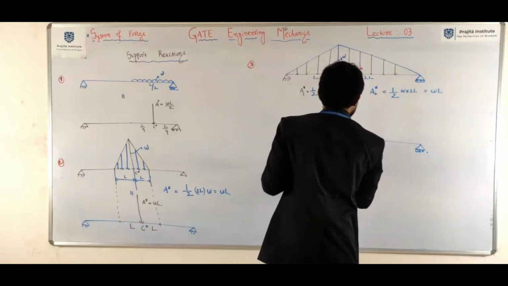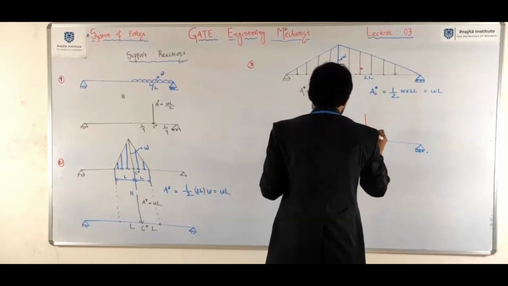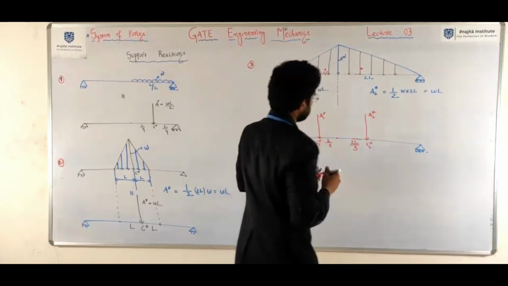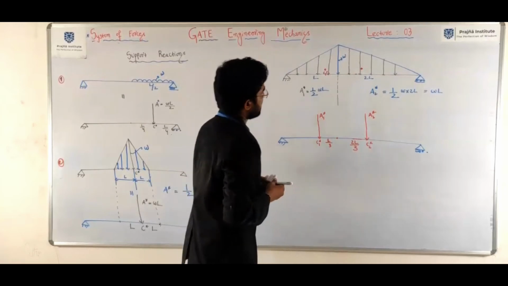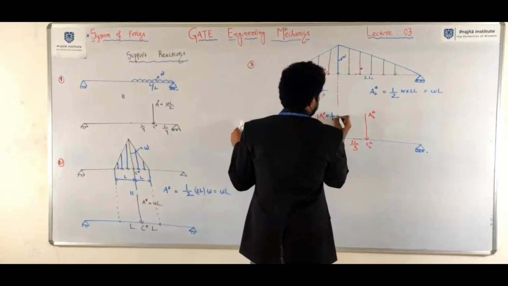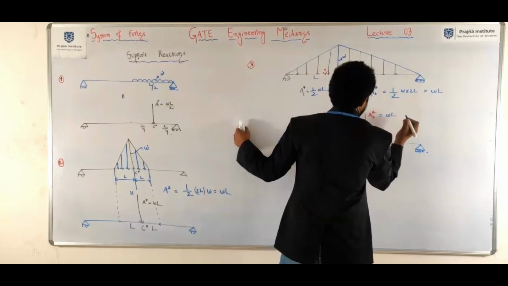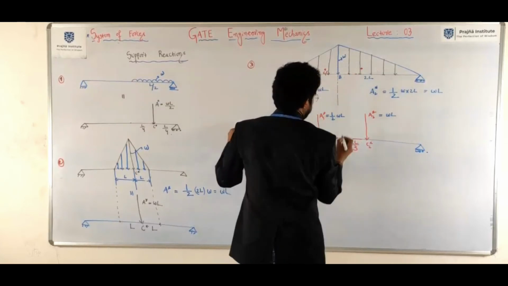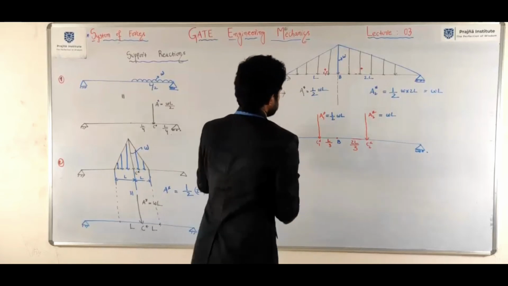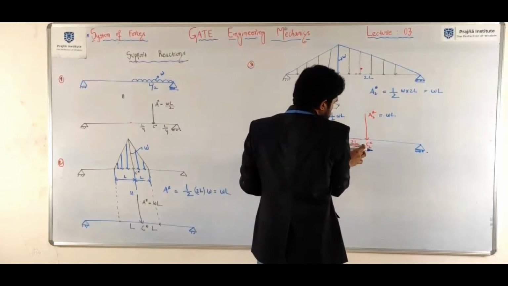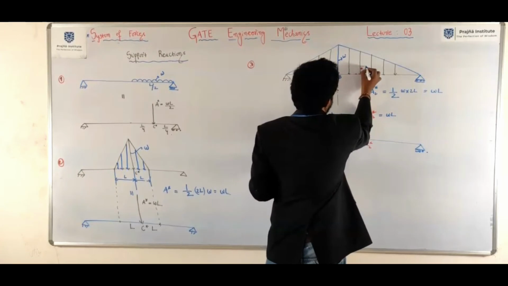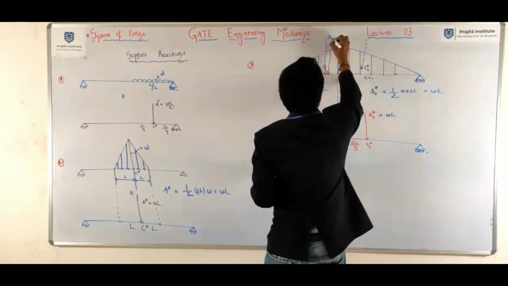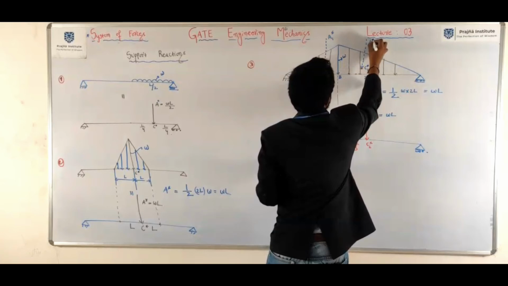It is 2L by 3, C2 star, and you can place A2 star here. Focus on it being 2L by 3, C2 star. Place here and here, A1 star, A2 star.